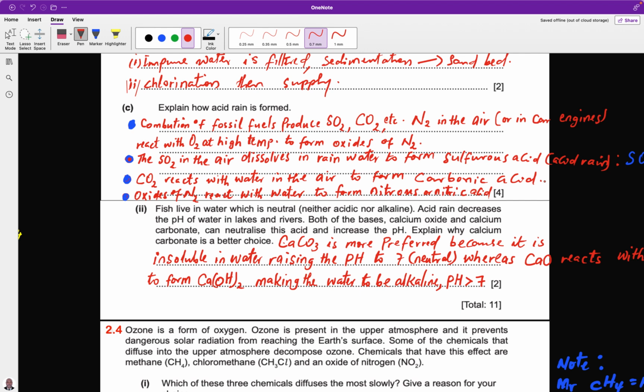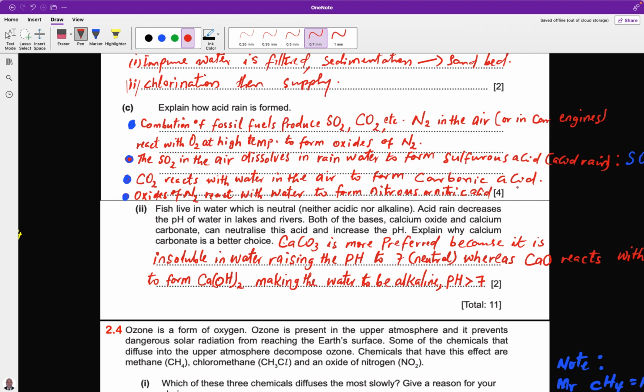That we will also call acid rain. Then the last oxides are oxides of nitrogen. The oxides of nitrogen in the air will react with the rainwater in the air to form what we call nitrous or nitric acid that will fall down as acid rain.